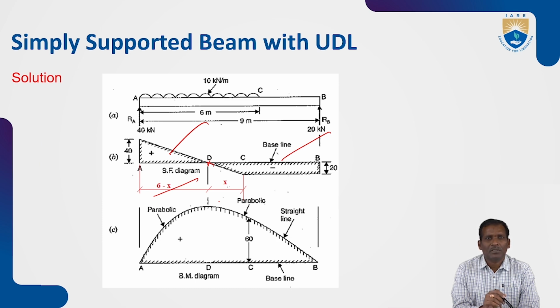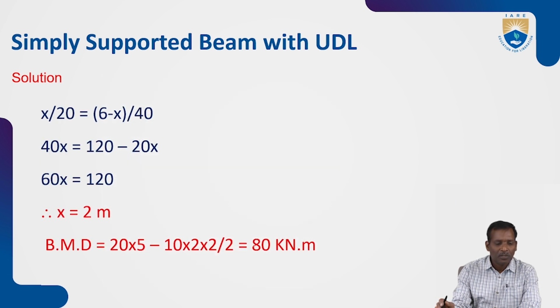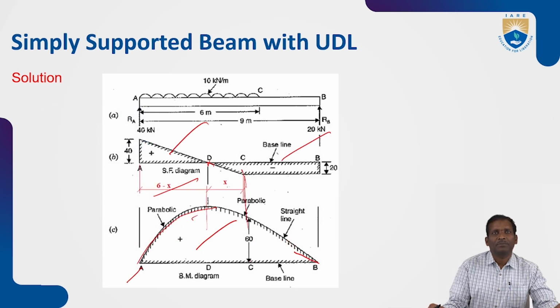The bending moment diagram follows a parabolic shape. The positive values are only at B 0, A 0, but the maximum will occur at this point, say at x point. I will show you how to calculate. Compare the similar triangles, x by 20.